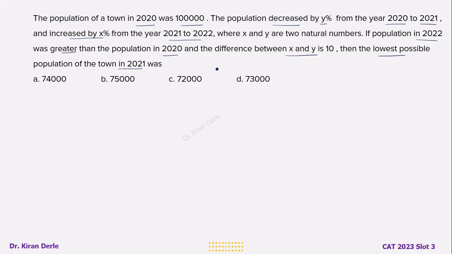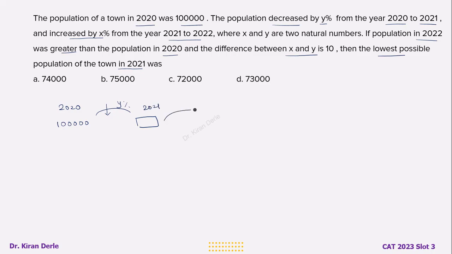We are going to solve this question in a smarter way, right? See, I'll tell you the concept first and then we'll have a smarter approach to do this question. The question is telling us that in 2020 the population of a town was 1 lakh. Now it is decreased by y%, and you have some population in 2021.